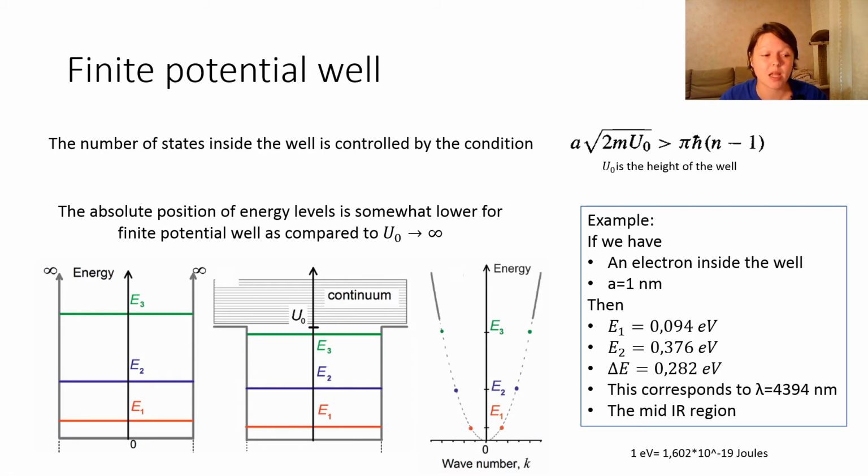For example, we have an electron in a potential well. The width of the potential well is 1 nanometer. Then, using previous equations, we can calculate that the energy of the first level is this one. The energy of the second level is this one. The interspacing between these two levels is equal to this energy.